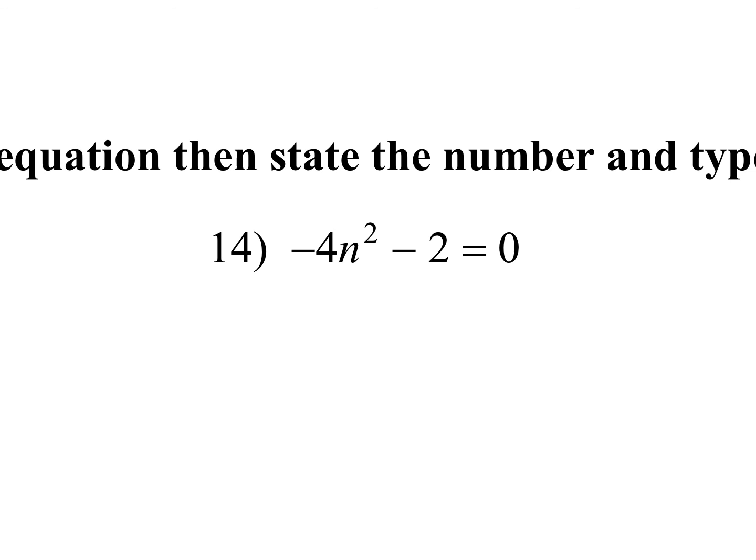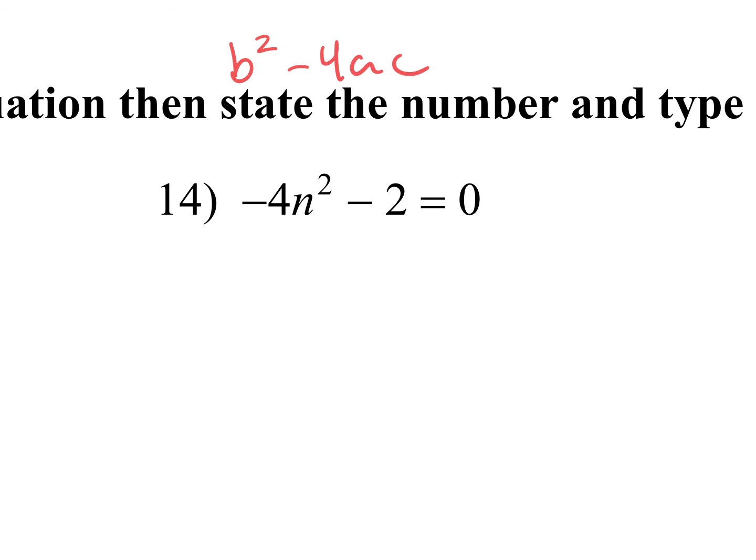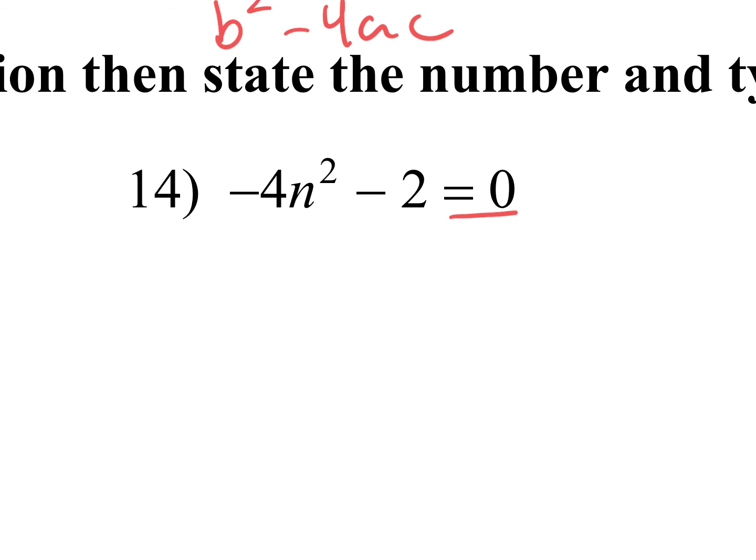What's the formula that we use to find the discriminant? B squared minus 4ac. It's what's under the square root when we have our quadratic formula. And just like before, we need everything to be in order and equal to 0. So here it's equal to 0, so I can list my A, B, and C. What's A? -4.